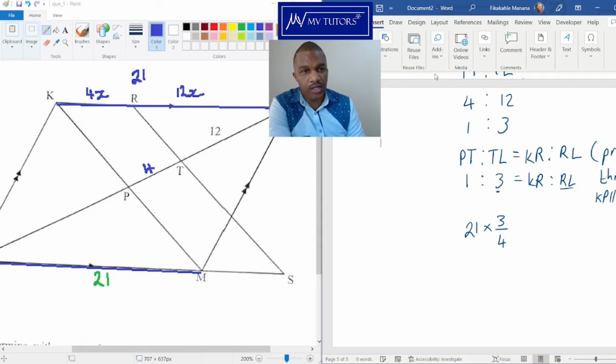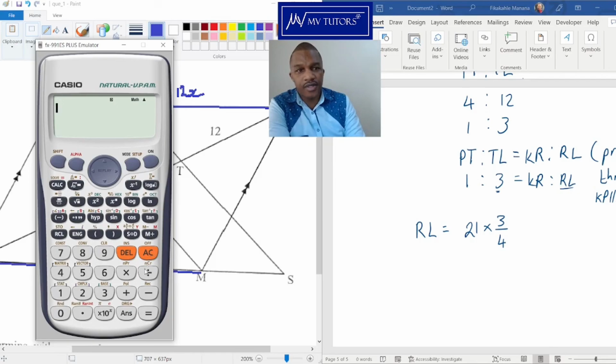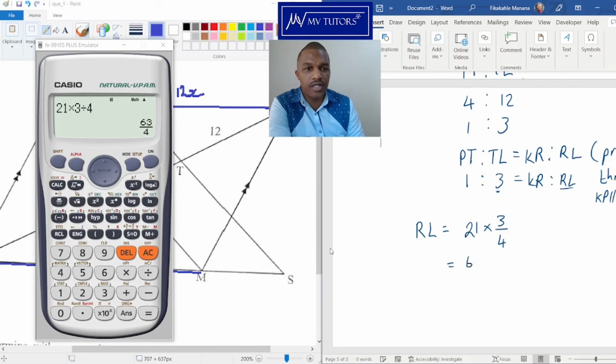Okay, that is to get RL, using ratios. Now let's get the calculator. I said 21 times 3 divided by 4, and I get 63 over 4 as my final answer.